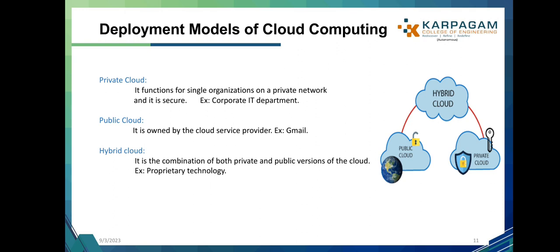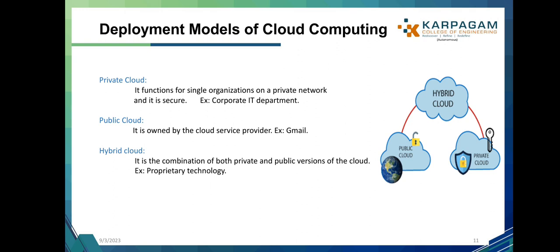A few deployment models of cloud computing are private cloud, public cloud and hybrid cloud. In general, a private cloud operates for a single organization on a private network and it is comparatively much more secure than other clouds. Example, corporate IT department.